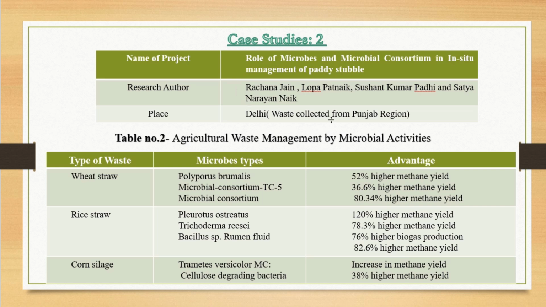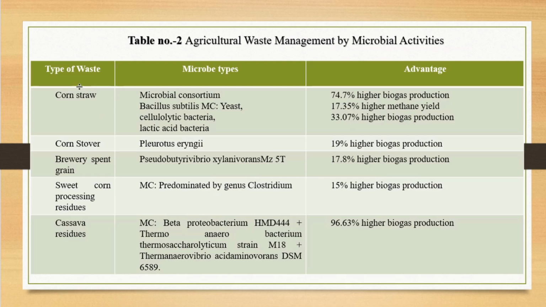This research scholar categorized agricultural waste in the form of wheat straw, rice straw, corn silage, and corn straw.